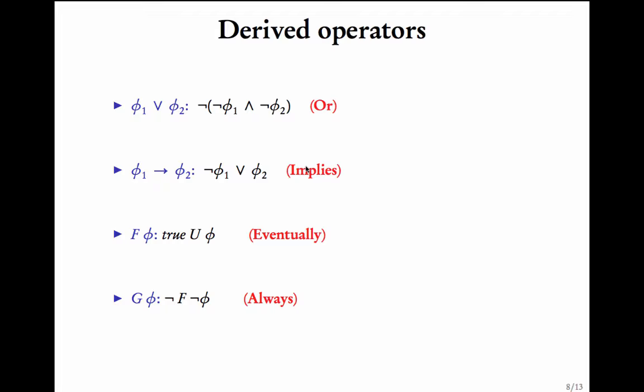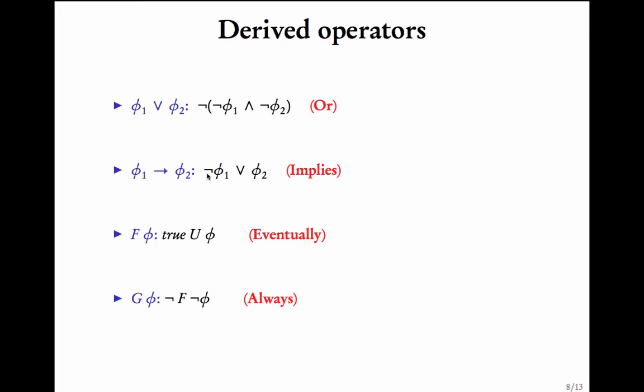What about implies? Implies says that if phi1 is true, then phi2 should be true. Note the if here. If phi1 is true, then phi2 is true. In particular, if phi1 is not true at all, then this implication holds.